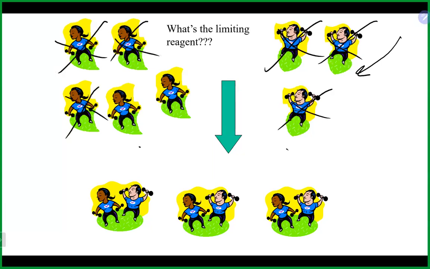We also can, in this type of problem, figure out how much of our excess reagent is left over. So for example, here we would have 2 of our excess reagent left over as a result of this reaction. Those are very common questions that you're asked in these problems, which is, how much product would you produce and how much of your excess reagent is left over.